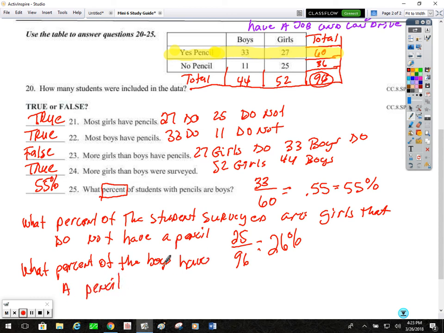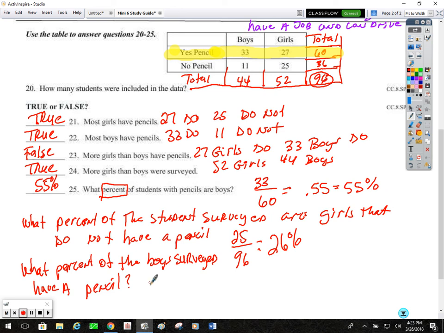And I apologize for this. Let me see if I can fix this just for a second. What percent of the boys surveyed have a pencil?